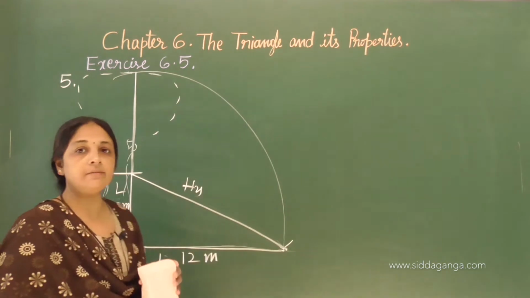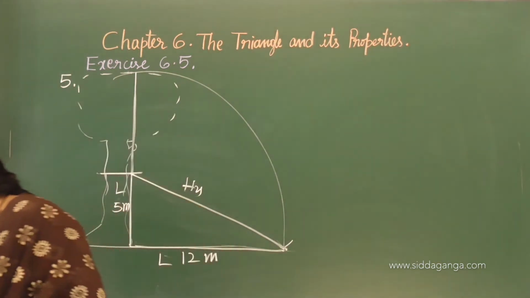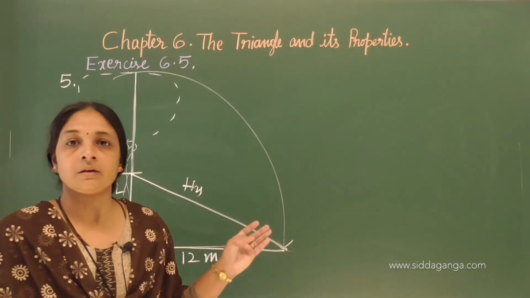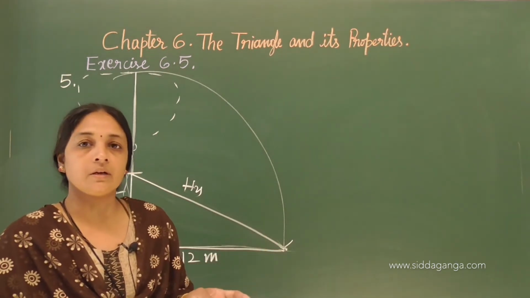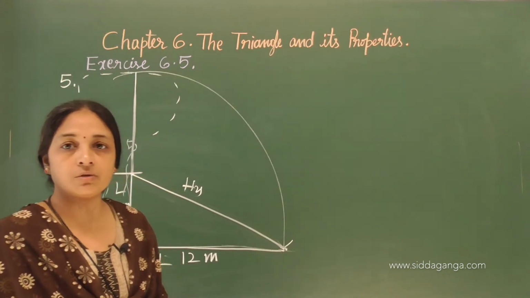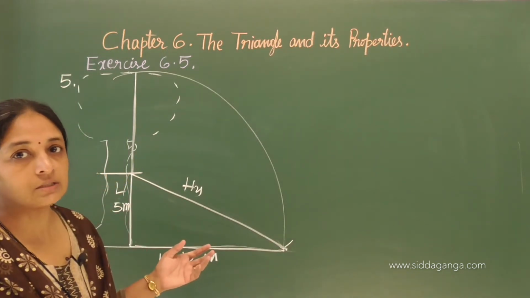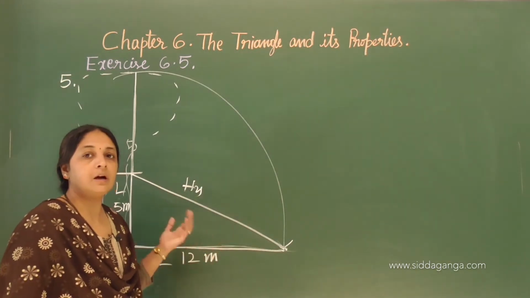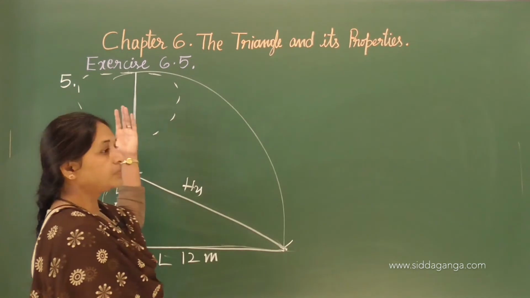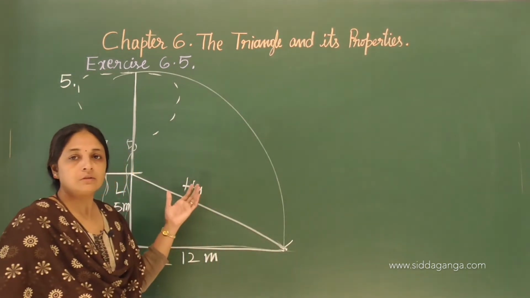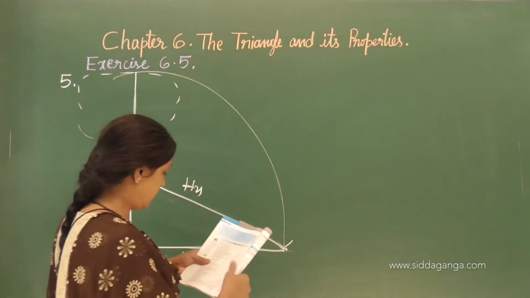Now we have to find the hypotenuse of this right angled triangle. Like this, I already told you that in wood construction and building construction we use the Pythagoras property, and here also we find the length like this. These are the daily life situations where we use the Pythagoras property.